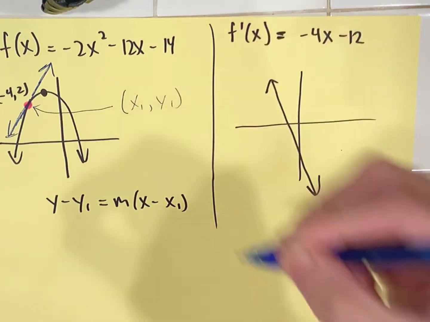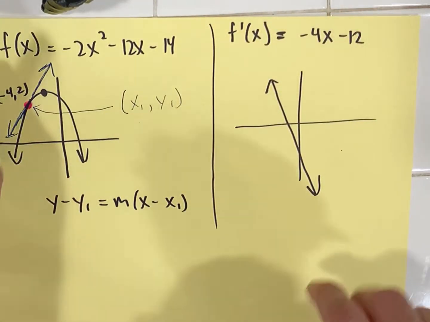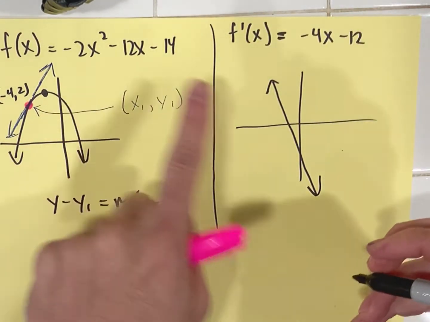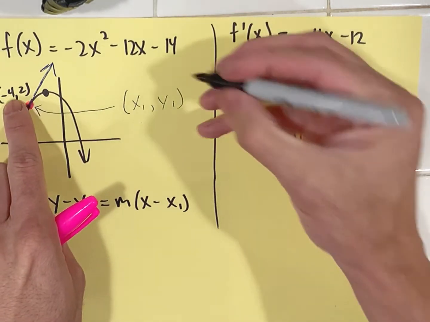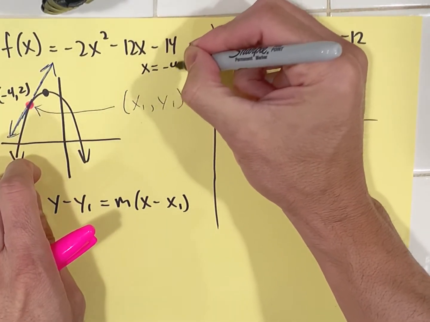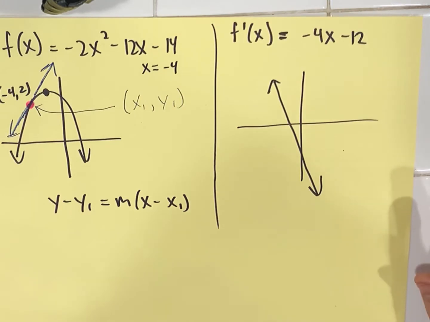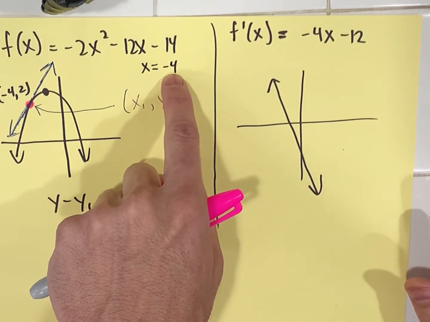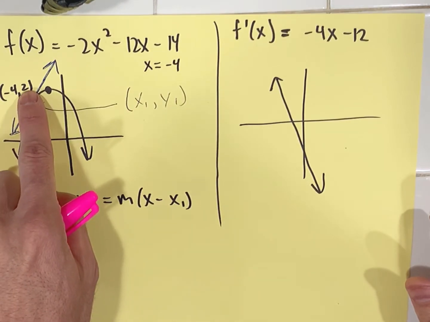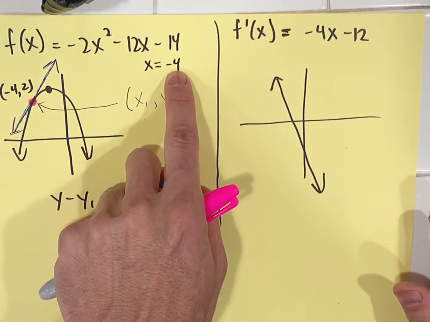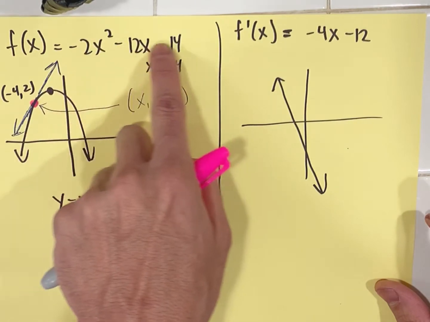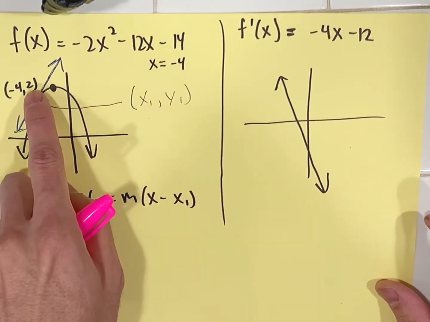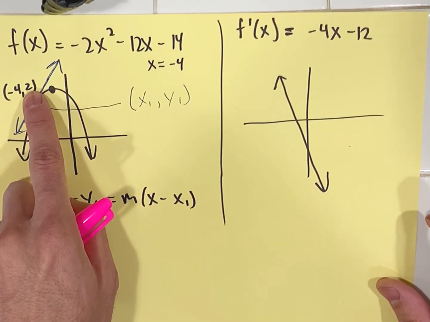Now, let me say this. All of this is anchored at x equals -4, right? This whole discussion that we're having for this particular example pivots on x equaling -4. Now, how exactly can I get the 2? If I take -4 and plug it into the original function, that is how I discover the y coordinate, which happens to be 2.